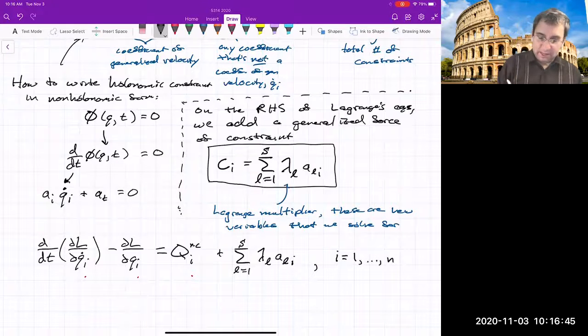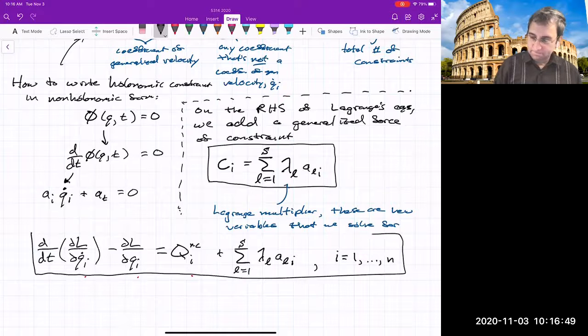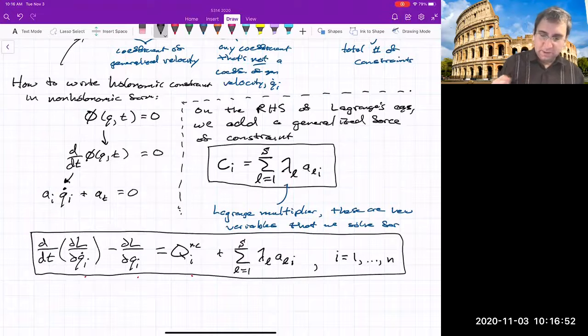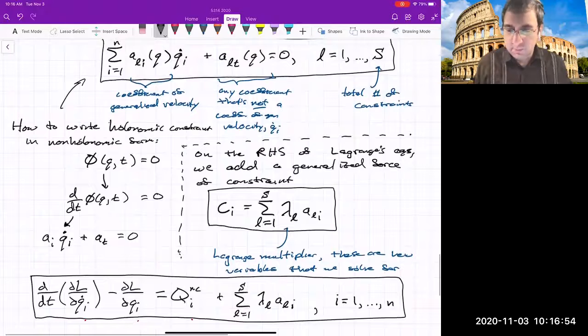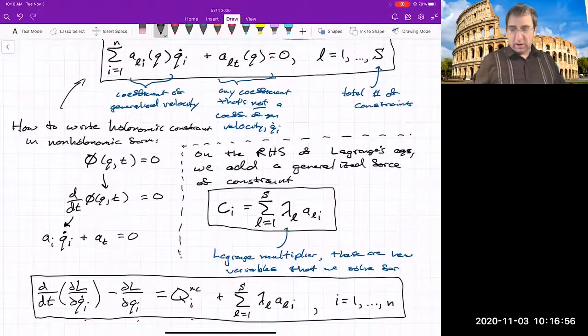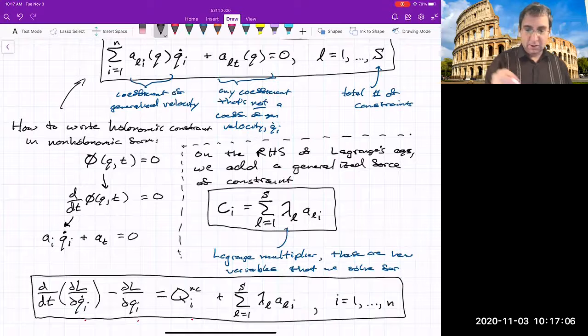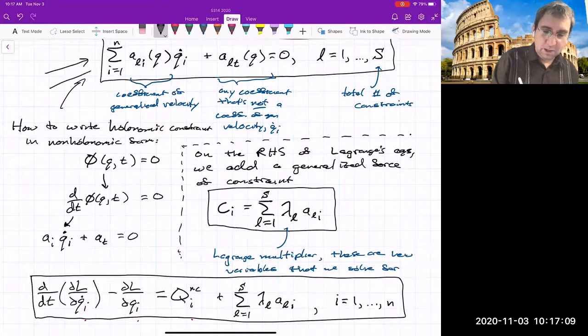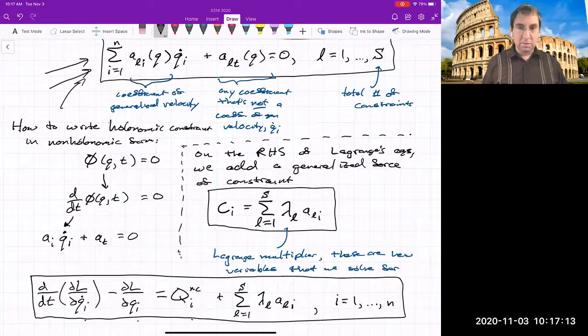That means you have n of these equations. So these are Lagrange's equations when you've got more generalized coordinates than degrees of freedom, or in other words, you have constraints on your generalized coordinates. And the constraints are written in this form up here. So that's all fine and good.